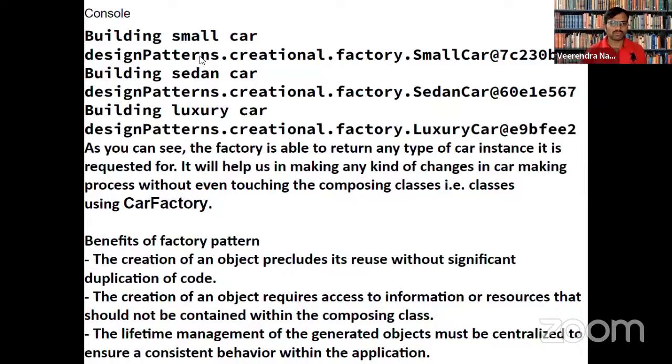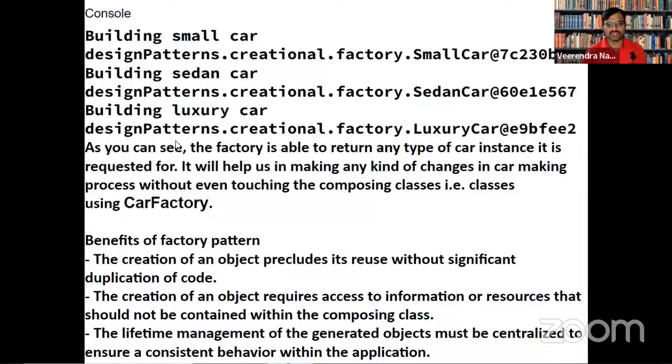rationalized when we talk about the factory pattern. That rationalization is taken up by the abstract factory pattern. So what is this abstract factory pattern? It is another creational pattern. Remember that we are talking about creational patterns.